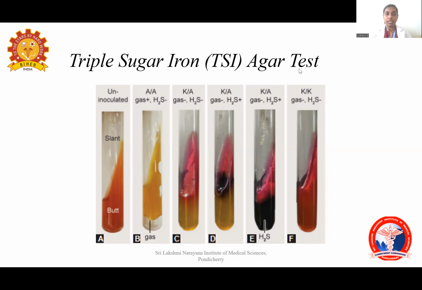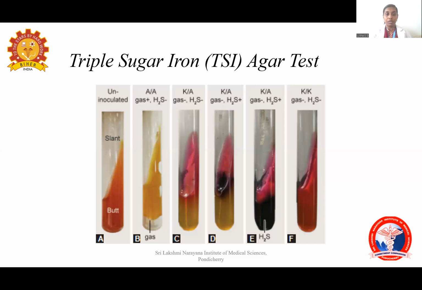I told you in the last tube, there is no fermentation of sugars. This organism is not able to ferment any sugars, not even glucose. The K by A reaction means the organism is able to ferment glucose, but it is not able to ferment lactose or sucrose.